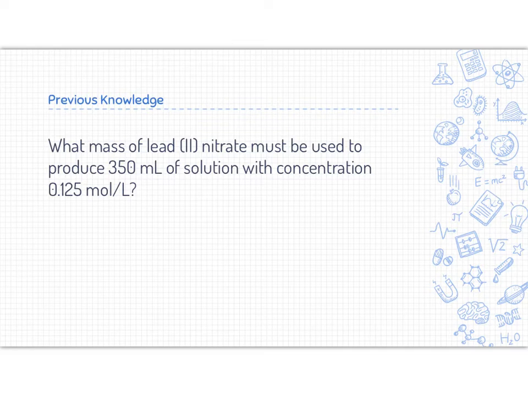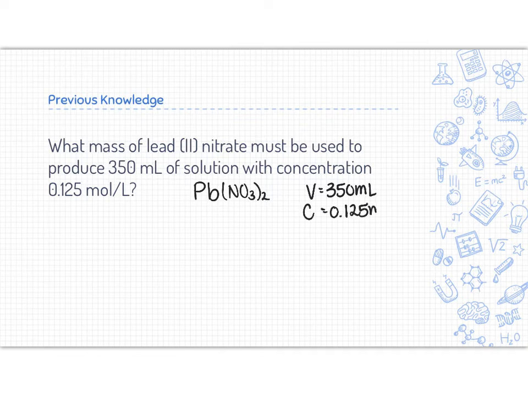To complete this, we need to know what mass of lead(II) nitrate must be used to produce 350 mL of solution with a concentration of 0.125 moles per liter. Lead(II) nitrate has the formula Pb(NO3)2. We are trying to solve for the mass.